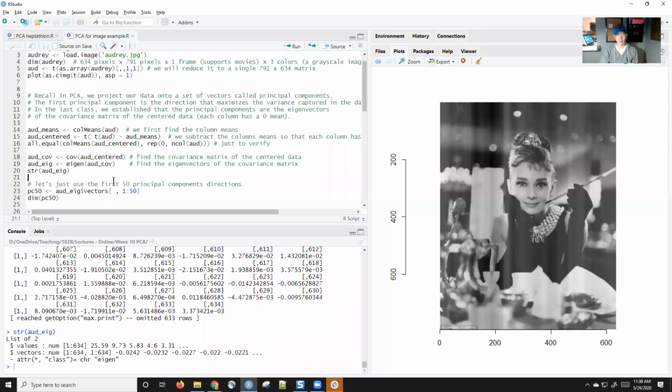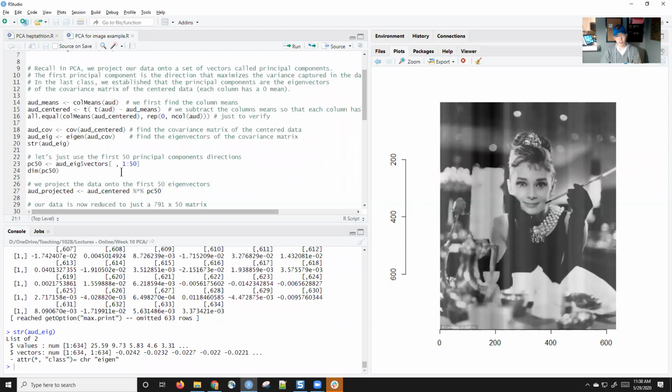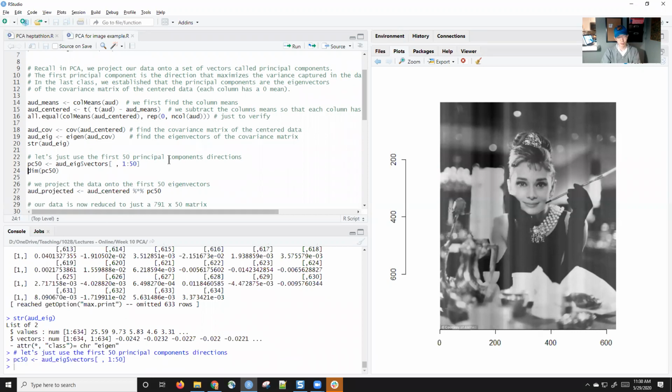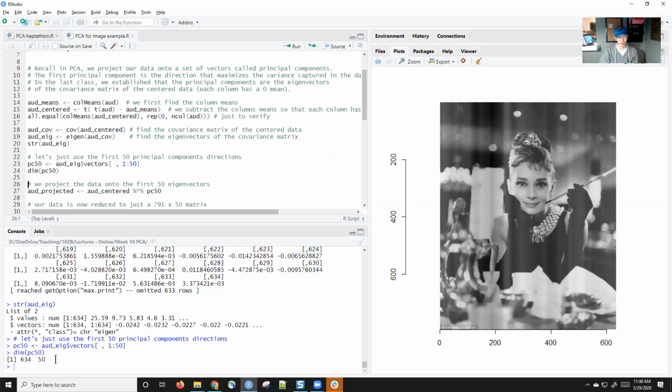The last thing I'm going to do is, let's say we want to keep just 50 of these principal components. So I'm going to keep 50 columns out of the eigenvectors, and these will be the weights.